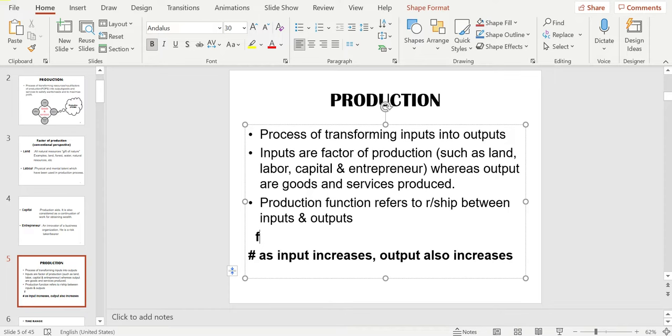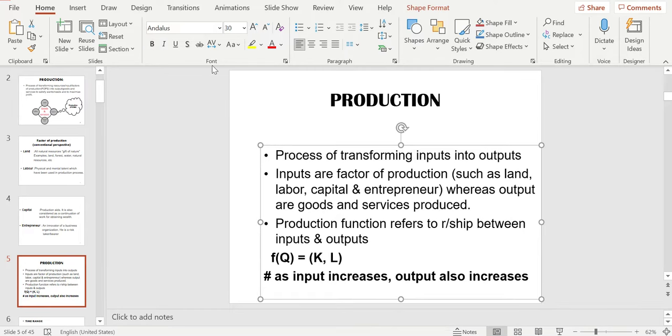Function for production, F, P equals to K and L. FQ, sorry. The function to produce output, nama lain dia adalah quantity.